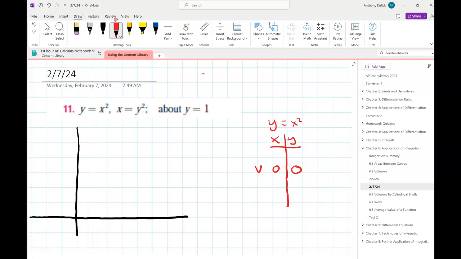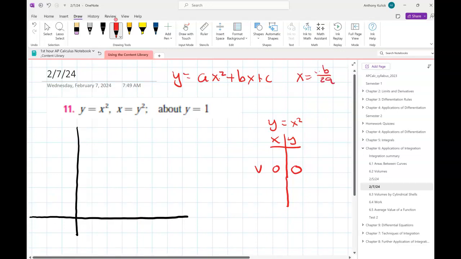In general, how do we find the vertex for a quadratic? Negative b over 2a is the formula to find the x-coordinate for the vertex for any quadratic.